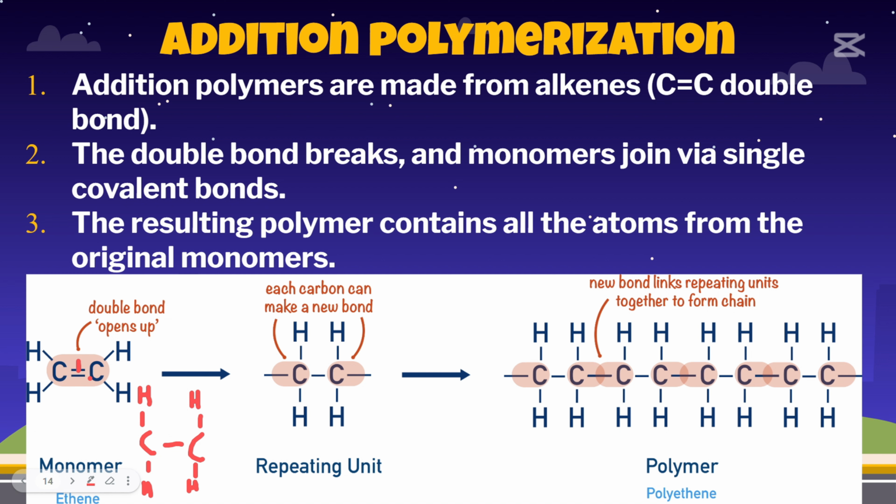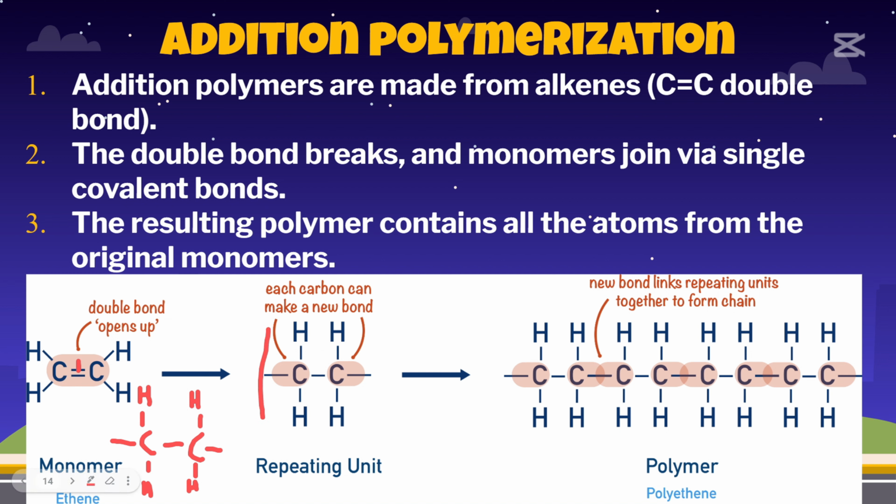And so after we have broken that double bond, we simply make bonds on the outer regions of where the carbon to carbon double bond was, right? So we just make a new bond on each of the carbons that were involved in the double bond.